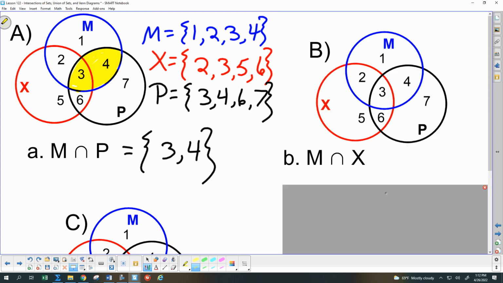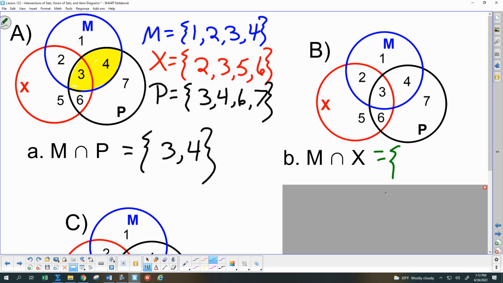Okay, what about exactly the same circles, have not changed the picture at all. M, and that's the same symbol, so that must still be overlap. So M intersection with X. So look at your M circle, look at your X circle. What are all of the things in the overlap of the M and the X?